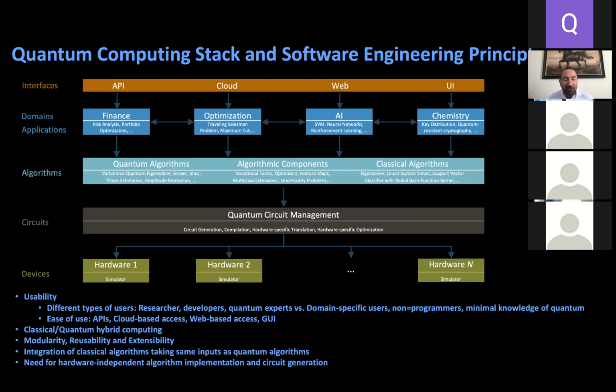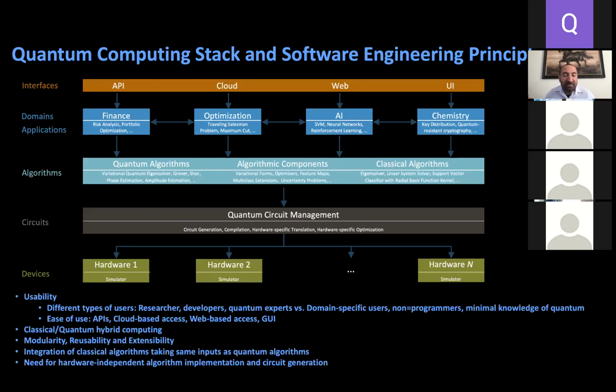That's a property. And going back to the hybrid computing property and software engineering principle that I mentioned before, it's also important to identify, almost like a compiler would do, what are the parts of the problem that can be solved classically, and what components in the algorithm are extremely complex.